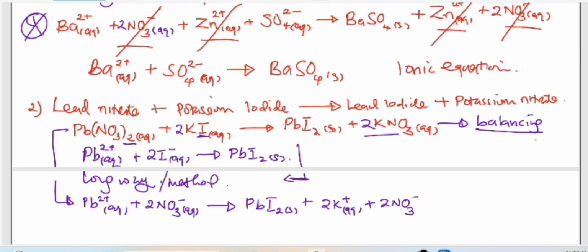It's like we are balancing. So now this one is in aqueous form.